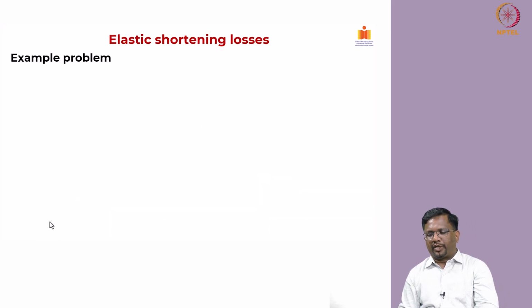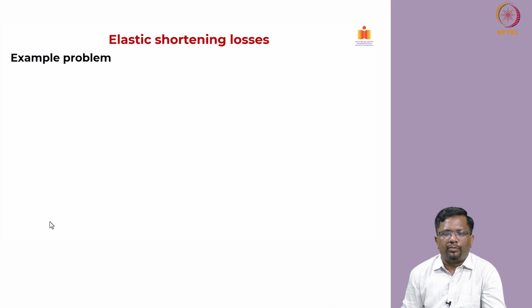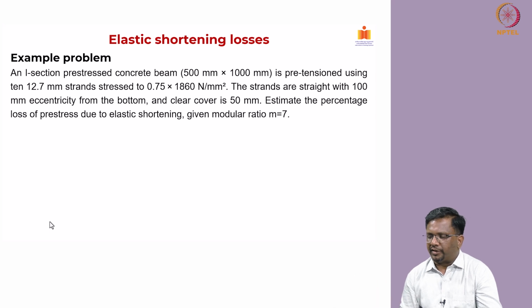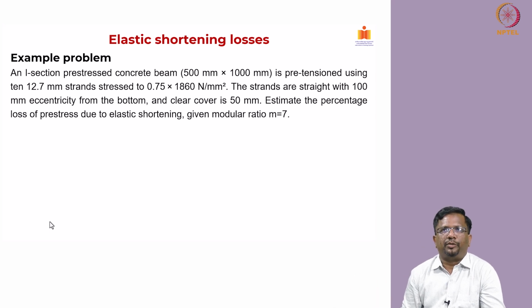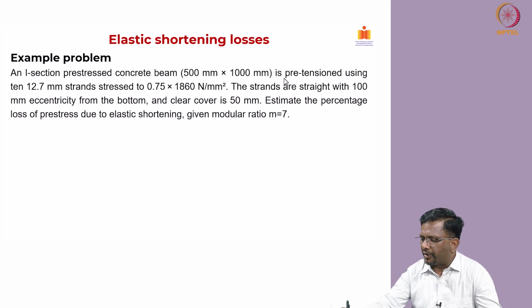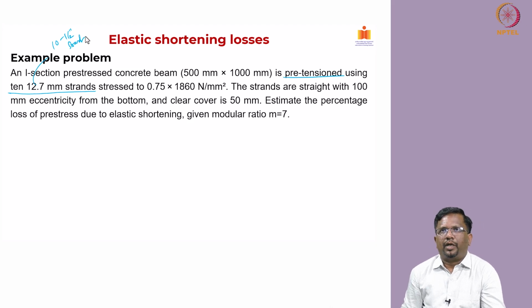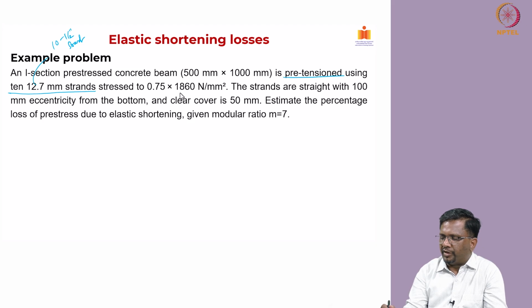Now let us quickly look at one example problem and see how we calculate the elastic shortening. We have an I section pre-stressed concrete beam, 500 mm by 1000 mm, and it is a pre-tensioned system using 10 strands of 12.7 millimeters, basically 10 half-inch strands, stressed to 75% of ultimate strength.